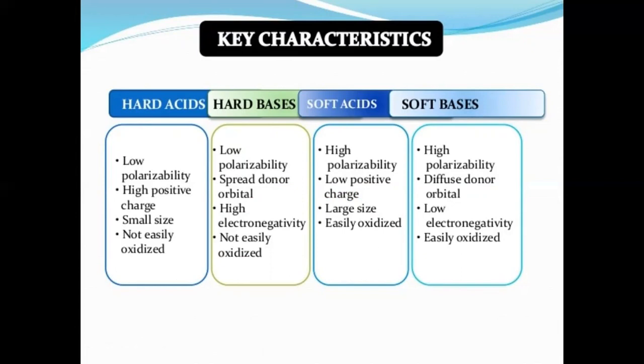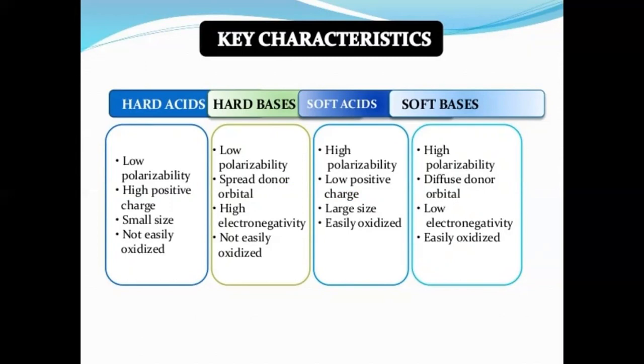Before explaining key characters, how are the ligands? Type A ligands, type B ligands. Type A or class A ligands: ligands containing donor atoms of higher electronegativity are class A ligands.